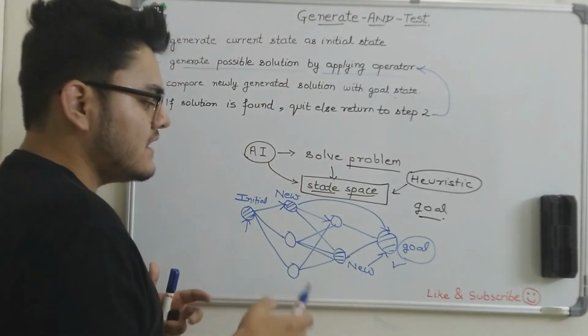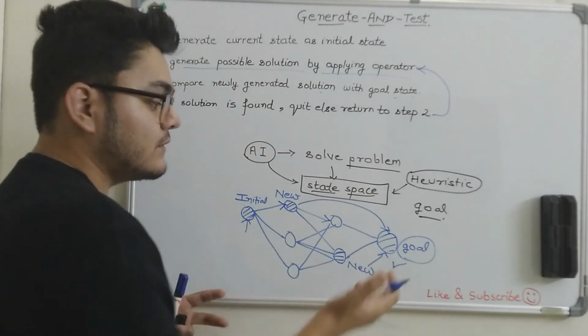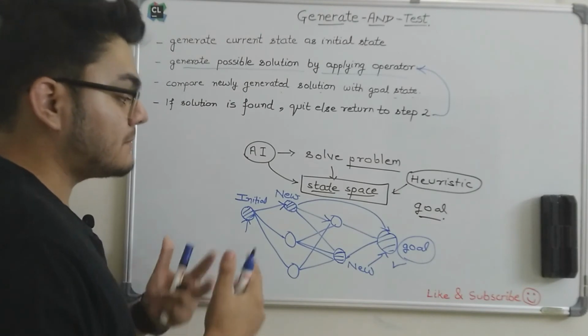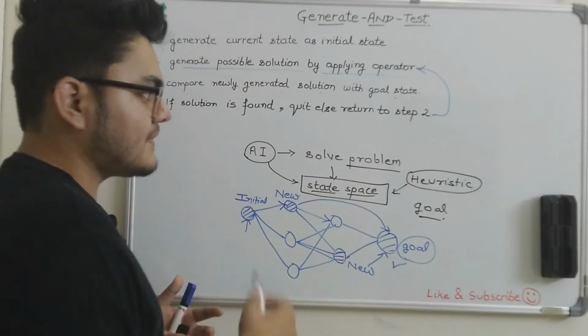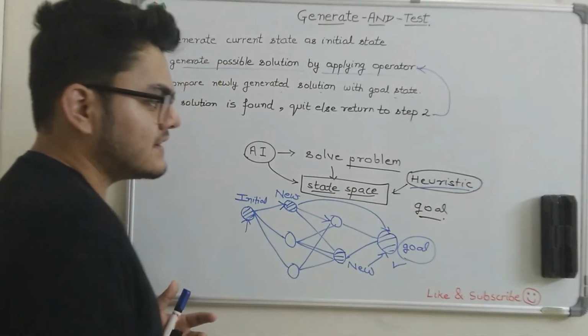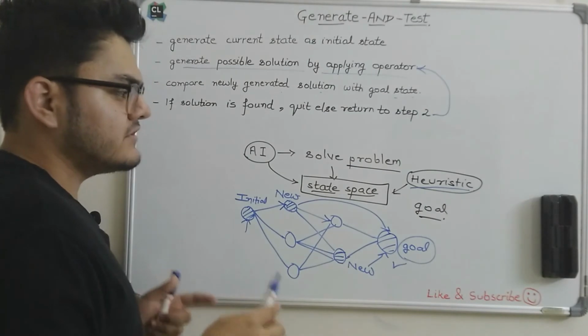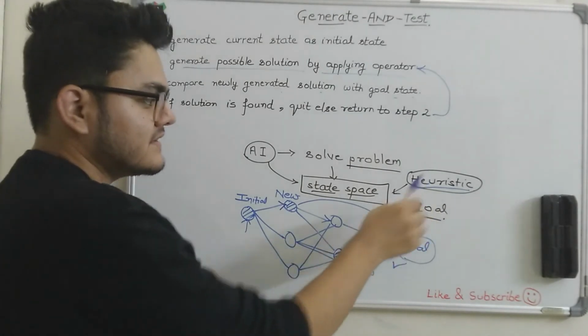without even considering whether it will reach the goal state or not, or whether it is an optimized choice or not. We have already studied that we can optimize it using heuristics. We are basically studying the generate and test algorithm, which is not a heuristic search technique.